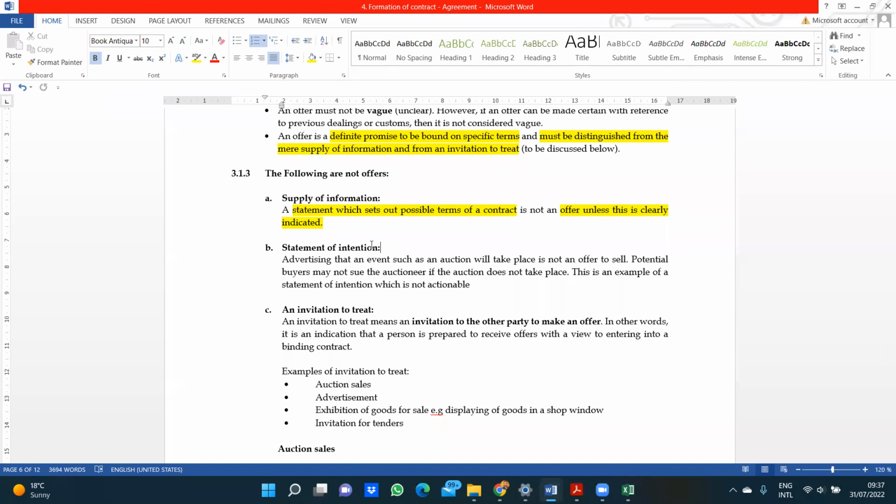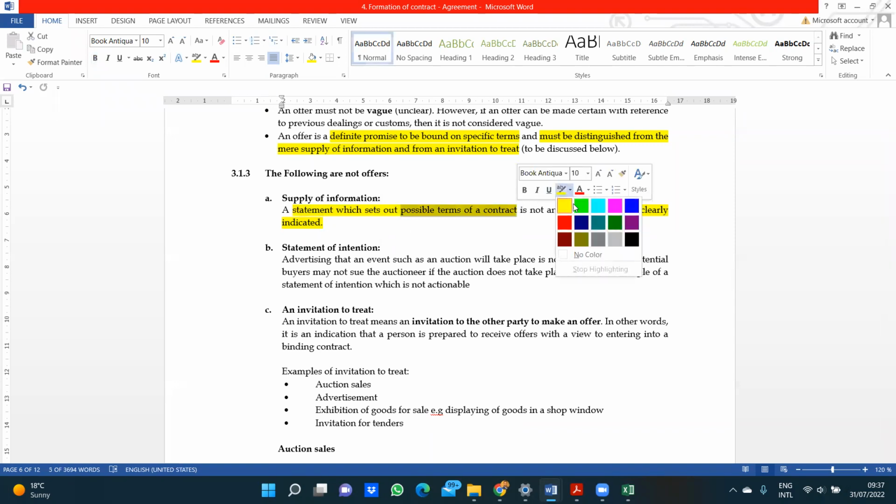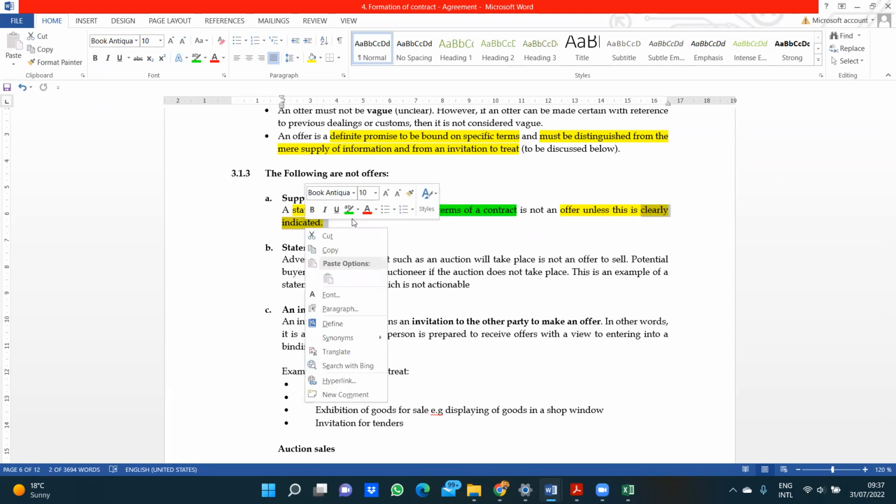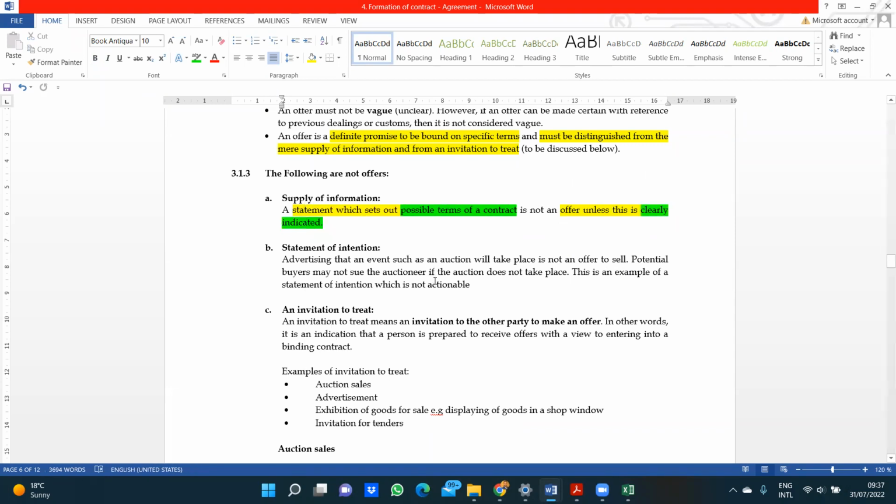Then the final offer is made. And it is not an offer unless this is clearly indicated. So a statement of supply of information is just a statement of the possible terms of a contract. It is not a contract. It is not an offer unless it is clearly indicated. Again, the offer is when the official offer has been submitted.